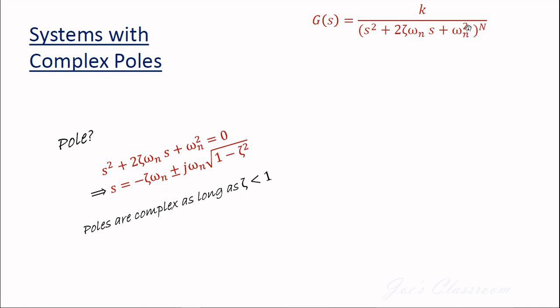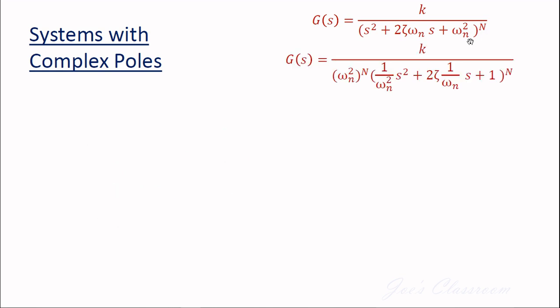You have to be a bit careful because it has a multiplicity of n, so when I take this out, it has to be omega n square the whole power n. The term inside the brackets will have 1 by omega n square, and here already omega n is there, and it will get cancelled.